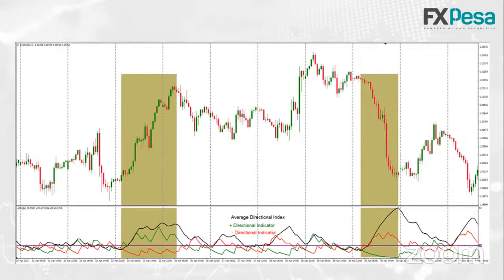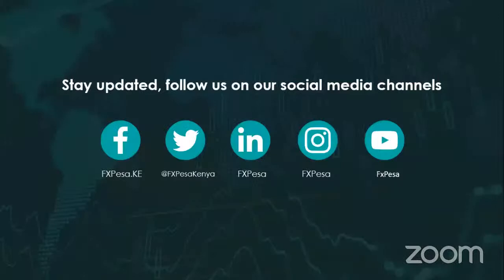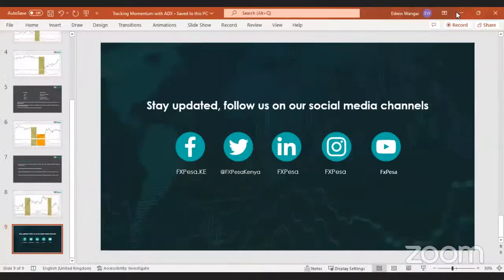When it comes to getting the right setups to trade, I prefer to use this indicator in conjunction with parabolic. They work pretty well. So I'll just share my MT4.